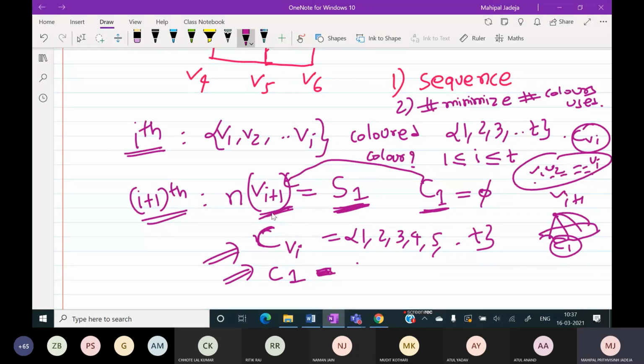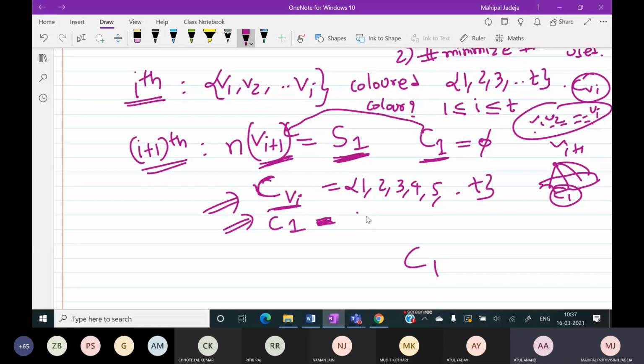What about CVI? Can I use colors of CVI? It may be possible that C1 is the empty set. It may be possible that C1 is equal to CVI. Is it possible? This is also possible. Yes sir, meaning if there is some color in CVI that is not in C1, then we can assign it to Vi plus 1.